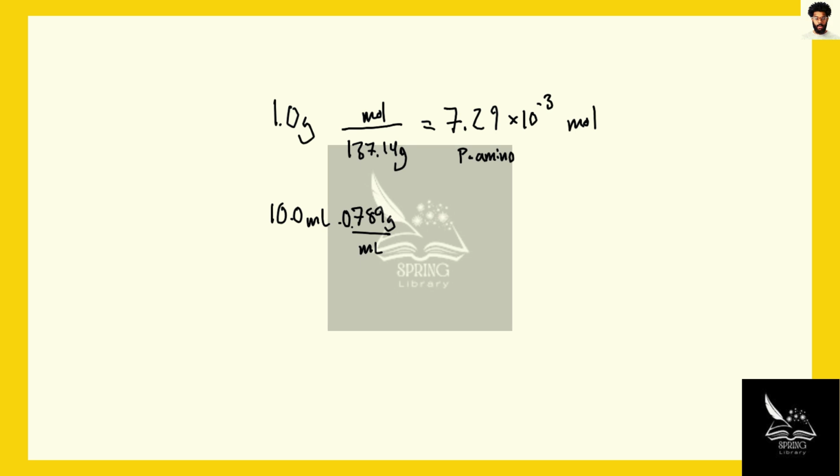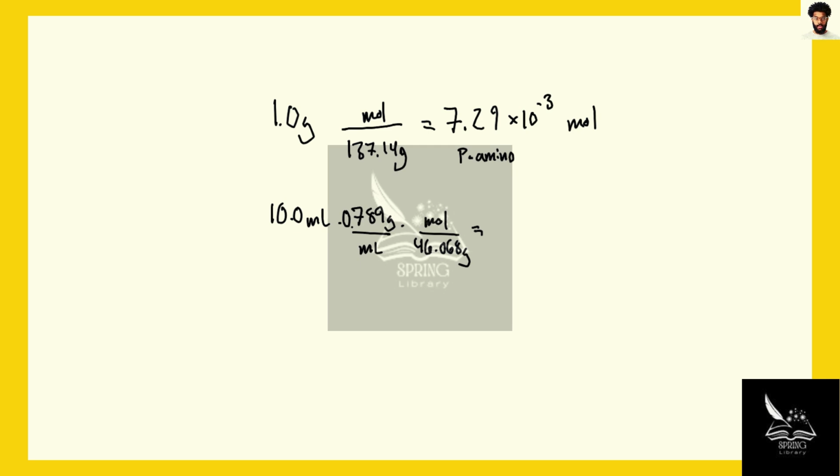So if we know grams and we know the molecular weight of ethanol, just like we did with our p-aminobenzoic acid, grams over molecular weight tells us moles. Well, if we use that factor here, 46.068 grams per mole, then we can get our final answer.